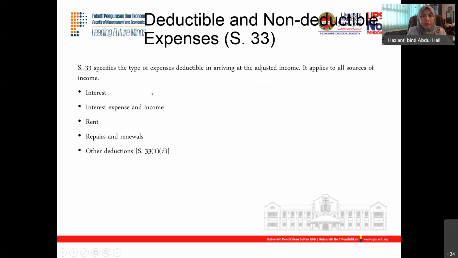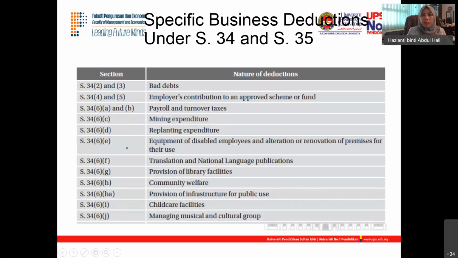So this is the specific deductions about interest expense, income, and also rent, repairs, and also renewal. So these are the list of deductions under section 34 and 35. So basically bad debts, EPF or employees contribution to approved scheme of fund. Banyaklah dekat sini.